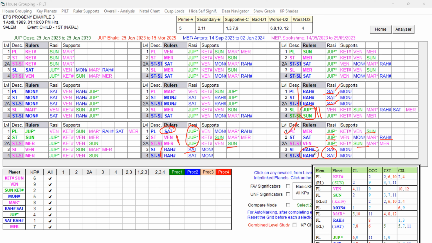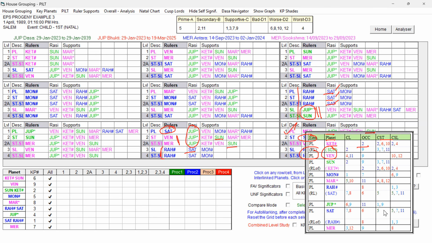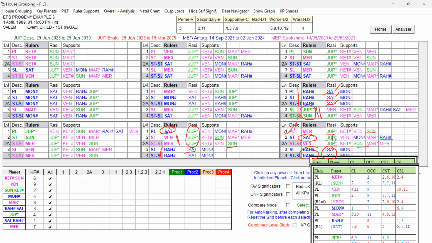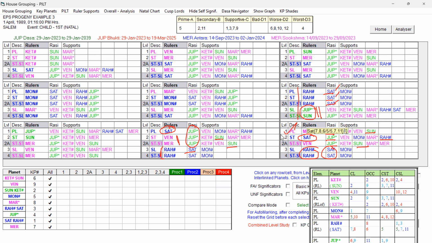Rahu is also forming a ruler link to the second level planet Saturn. Saturn itself is the star lord. Saturn is a good key planet which is ruling the star lord. Saturn is the fifth cuspal sublord. The primary cuspal sublord planet itself is playing a role at the star level. So the Dasa Lord's key planets are Rahu, Saturn.